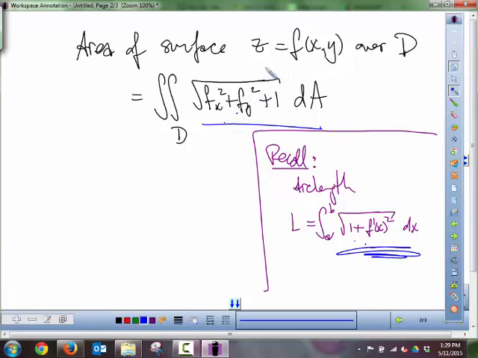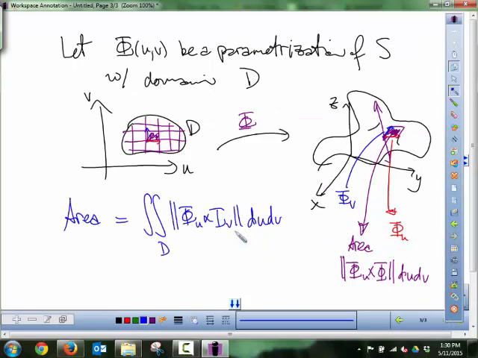If we know the parameterization to be this graph parameterization, where you're using essentially the same variables for x and y, or x and z in this case, then your cross product is equal to this. But in more general cases, you don't know how it's going to look, so you'll use this.